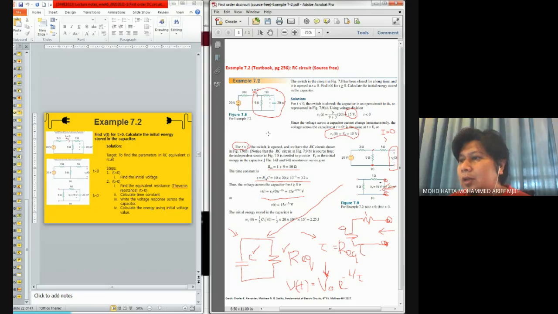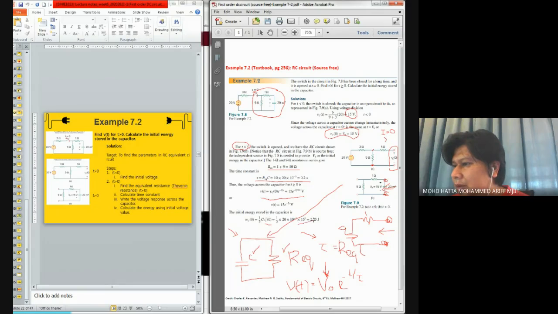Now, the question is basically asking about the initial energy stored in the capacitor. To calculate the initial energy stored in the capacitor, we only need the value of VC naught, or the initial voltage at the capacitor, and the capacitor value. So we can simply calculate the energy stored.